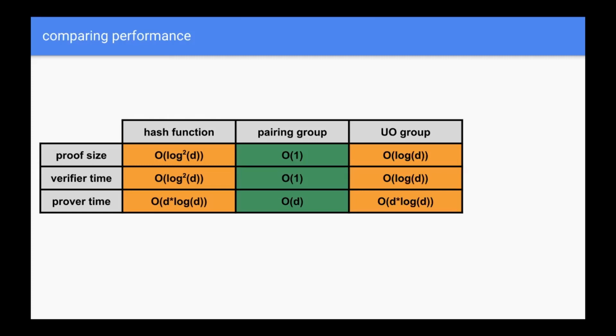And it's O(1) in the pairing group if we think of the group operation as one, which is natural to do for simplicity. But in this table it comes out unfair to the hash functions, because in bit operations the middle column is going to go up to O(log d), and the last column is going to go up to log squared. I should verify that, but I think that's what happens if you measure everybody in bit operations, because you need to work with a group of size at least d, so every operation is going to be like log d.